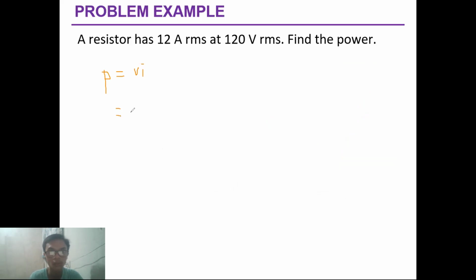Let's substitute the values. We have the voltage equal to 120 volts, then multiply by the current, which is 12 amperes.